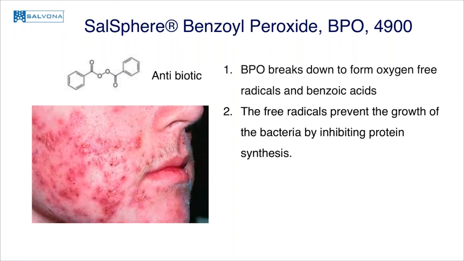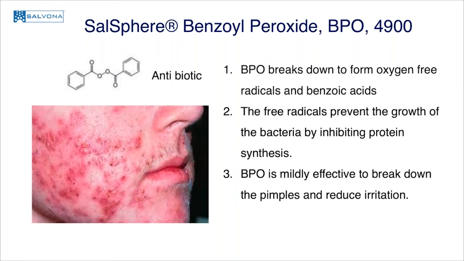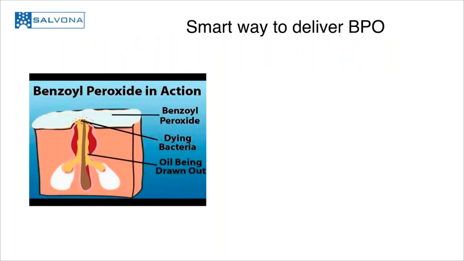The free radicals prevent the growth of bacteria by inhibiting the protein synthesis. BPO is mildly effective to break down the pimples and reduce the irritation. The use of BPO is allowed in many countries, including in the US.